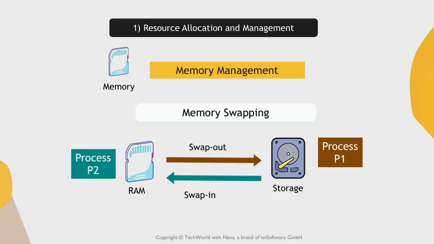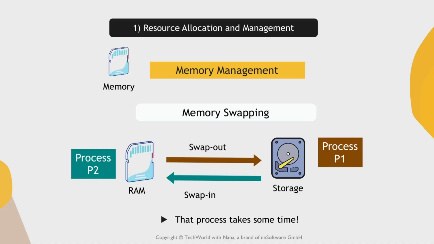And this clearing the data from the memory, then saving it to storage, and then loading the new data to that memory location actually takes some time and slows down your laptop. So basically that process of how memory is allocated to different processes is memory management, which is again one of the most crucial tasks of an operating system.